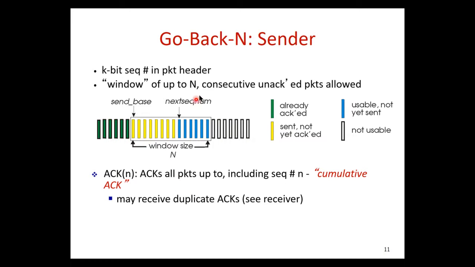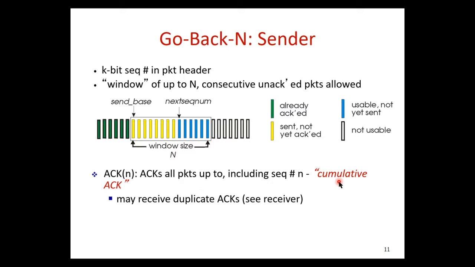Now the sender is going to receive ACKs from the receiver. And remember, in go back N, the ACKs are cumulative ACKs. That means if the sender receives, let's say, ACK of 5, it means the receiver has received all the packets up to and including packet number 5 without any gap.